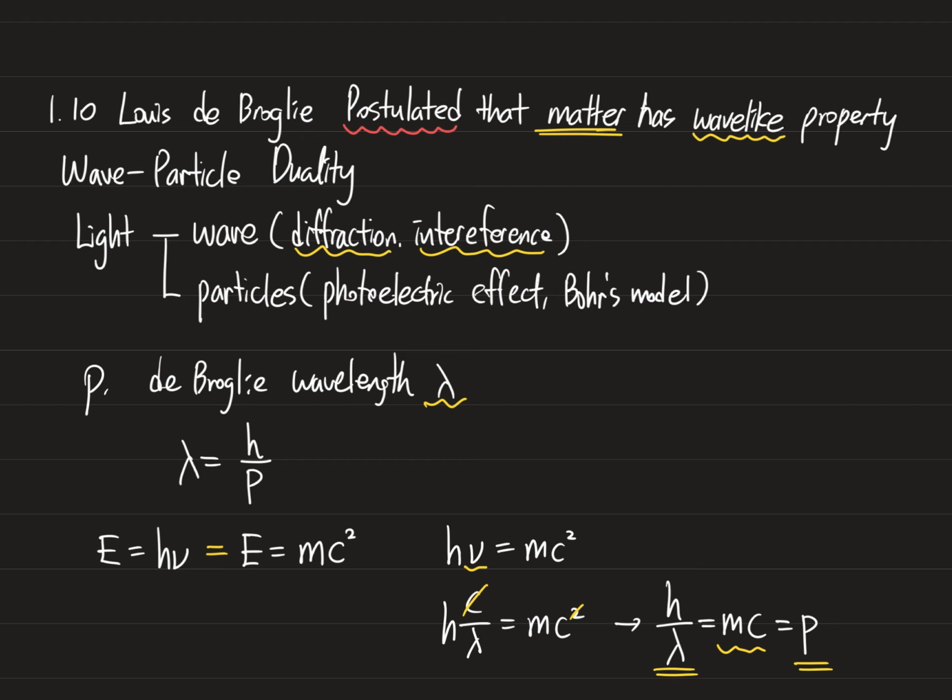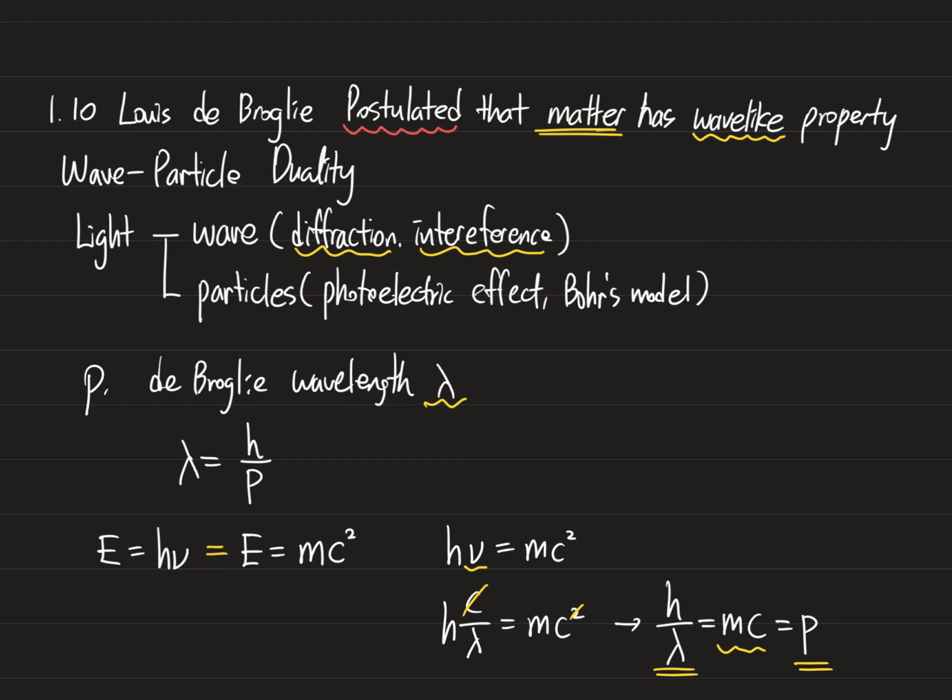So wave-particle duality is not just a theoretical curiosity, it is a fundamental property of our universe, and it is the cornerstone upon which the entire quantum mechanics is built. We can move on to the next page.